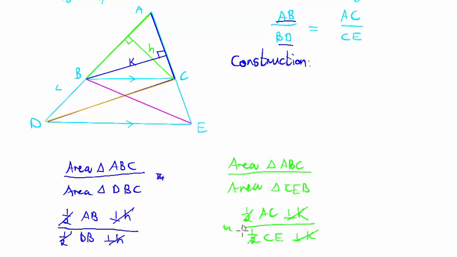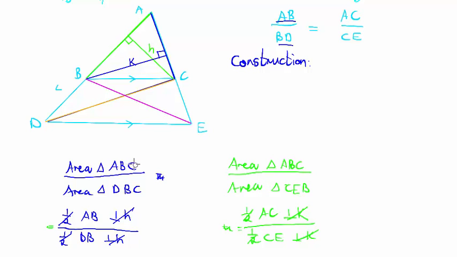But now I've just shown that this fraction simplifies to this and that fraction simplifies to that. Now I need to show that these two fractions are equal. Because if both of them simplify to this, but the original fractions are equal, they must be equal.